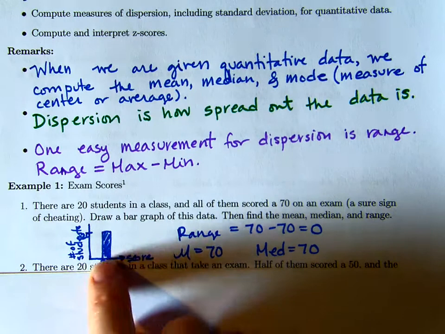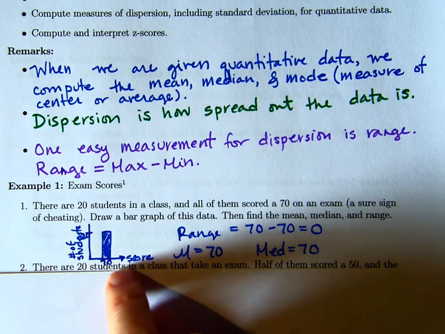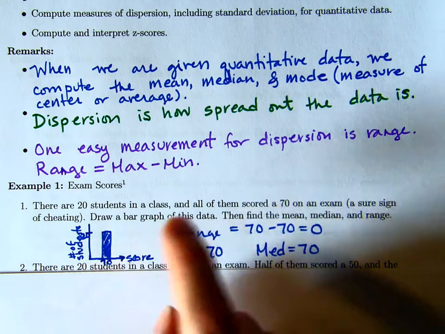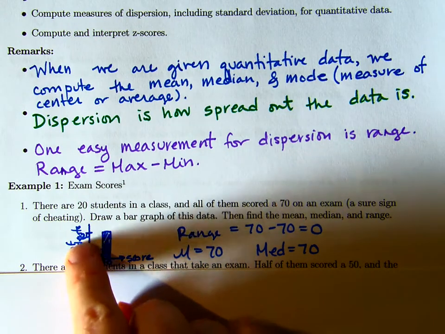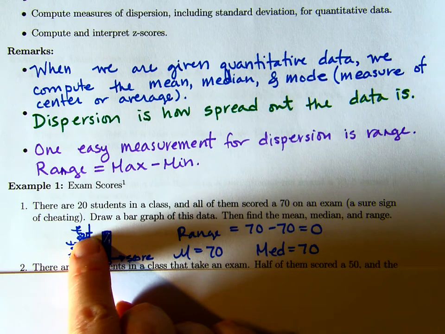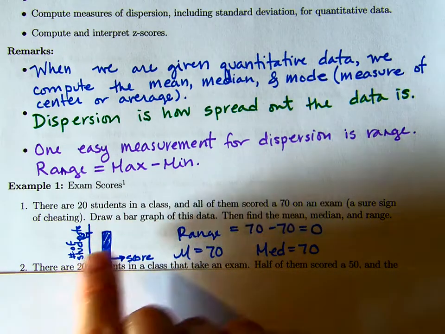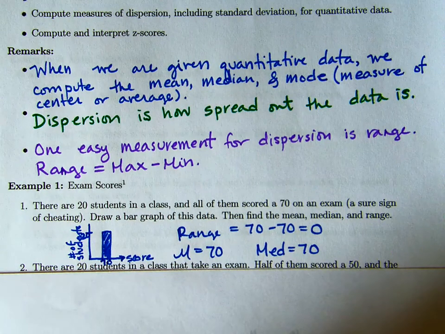As a histogram, along the horizontal I put the score, and a score of 70. I didn't even put a scale like 10, 20, 30, 40. Just put a 70, and along the vertical I put number of students, and it went up to 20. So here's my histogram, and for a score of 70, it was 20 of them.